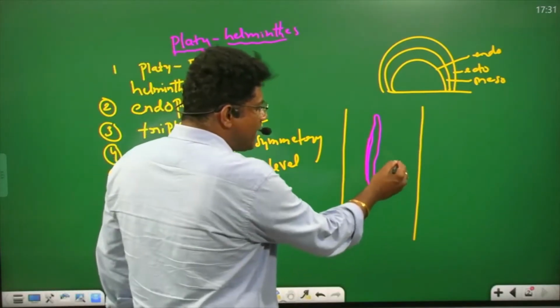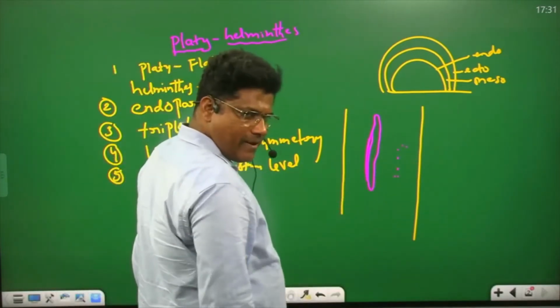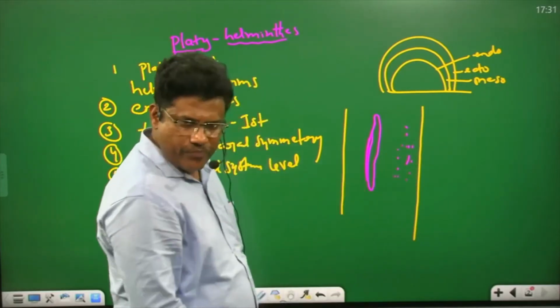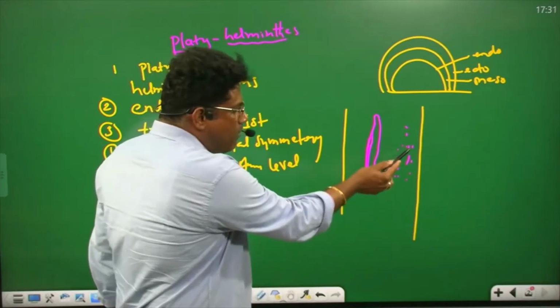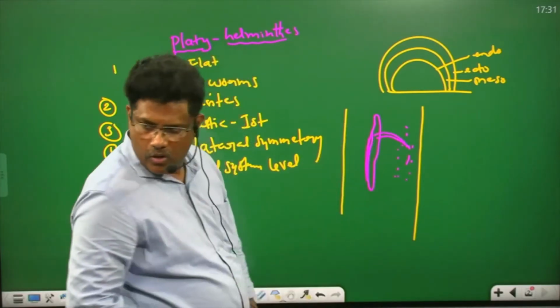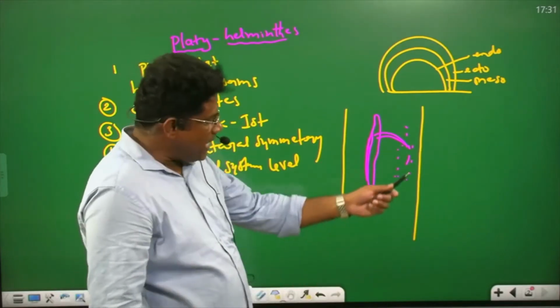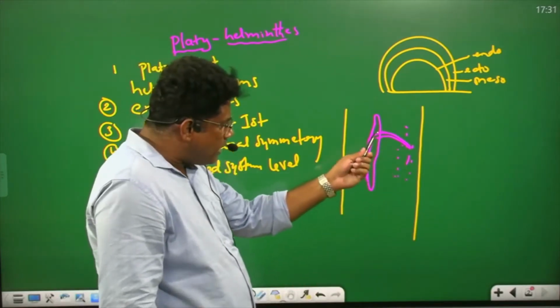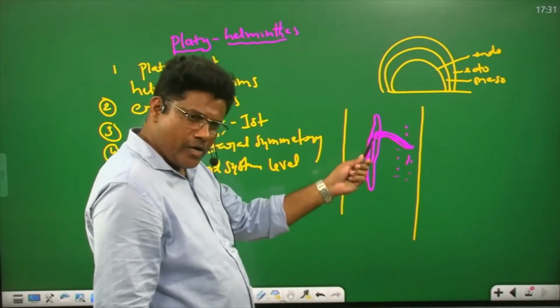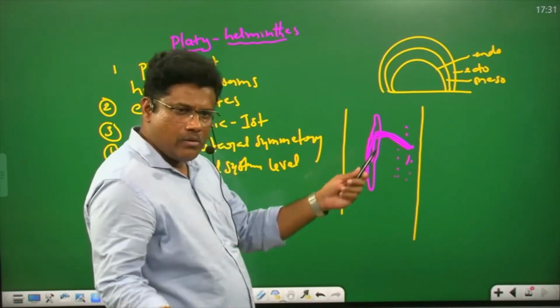One more point. Here, this is the human alimentary canal. In the human alimentary canal, what is there? Digested food. Digested food is absorbed by the parasite body wall. Human digested food is directly absorbed by the parasite body wall. Food enters into the parasite body through the parasite body wall.